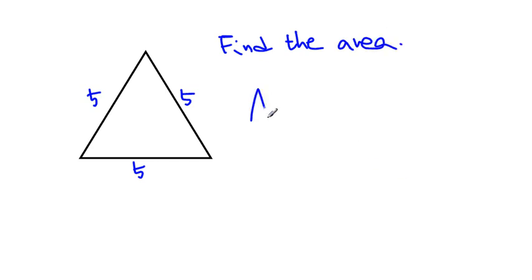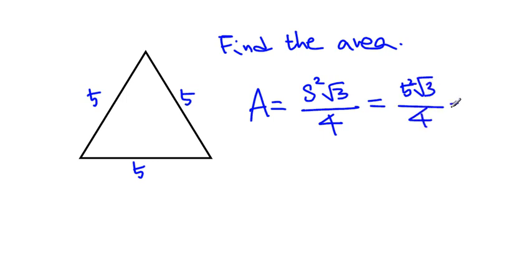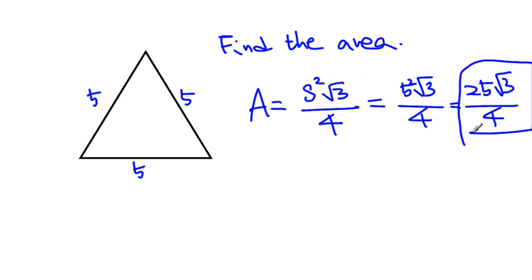That means the area formula, which we just talked about in the earlier slide, is in fact side squared times square root of 3 over 4. What is the side? The side is 5, so we end up getting 5 squared radical 3 over 4, which is equal to 25 square root of 3 over 4. That becomes our answer.